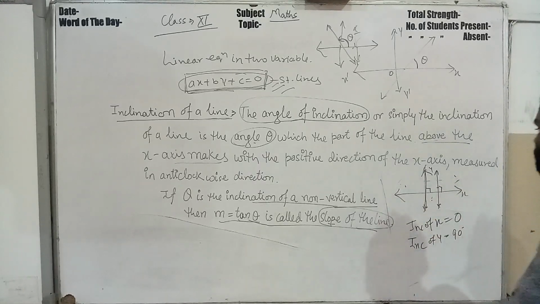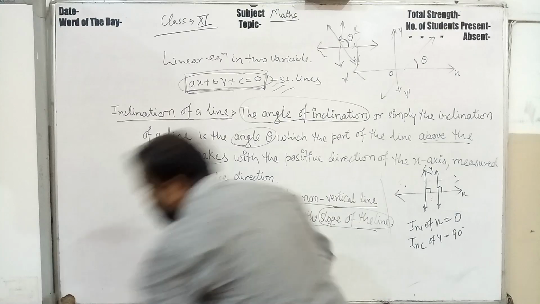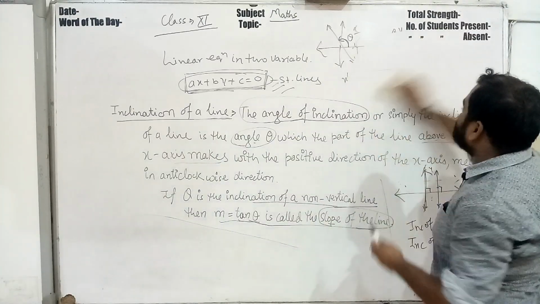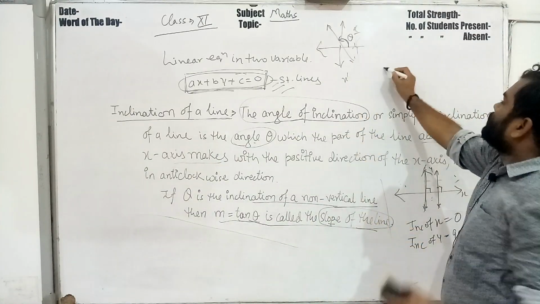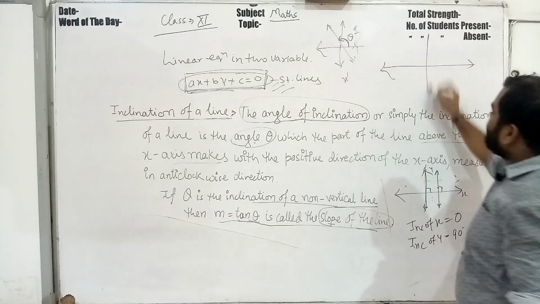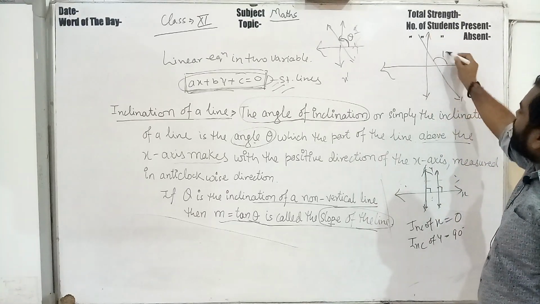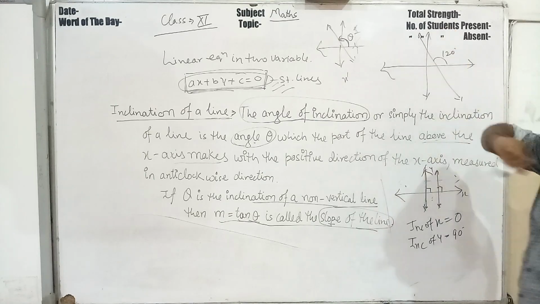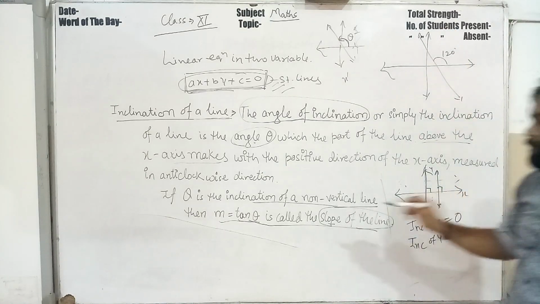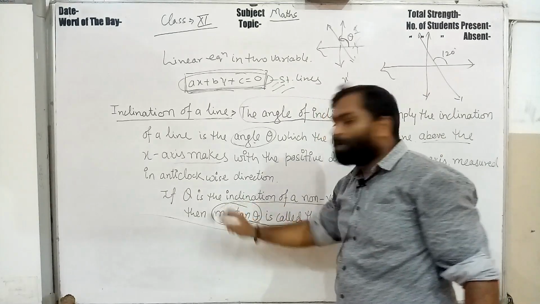Suppose a line is there whose inclination is more than 90 degrees. Suppose there is a line whose inclination is 120 degrees, then how can we find the slope of this line?